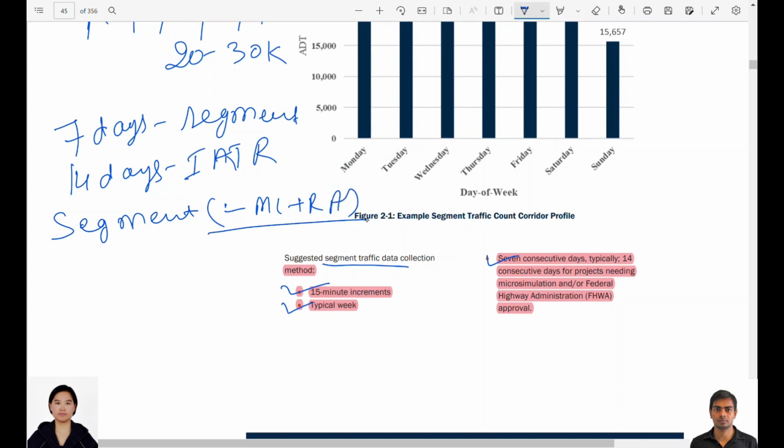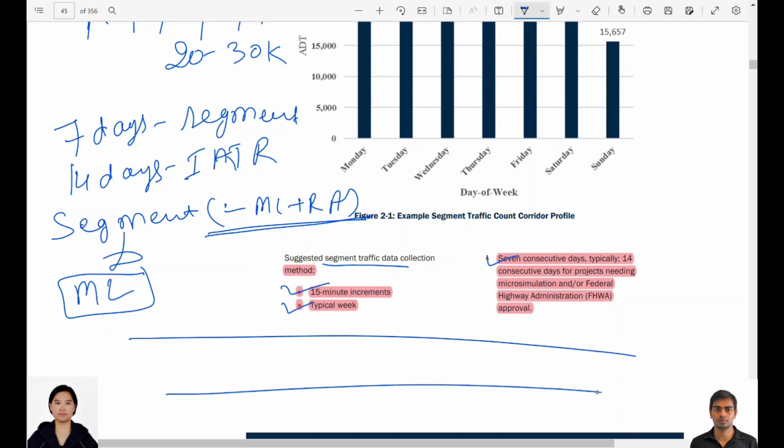However, based on the cost it takes to collect this data, the segment might only refer to main lanes and skip the ramps. But I do not see much use of collecting main lane data just at a few locations. I mean, there is some use, but not much, unless we collect the ramp data as well. So it still needs to be seen how this will play out in terms of budget constraints.